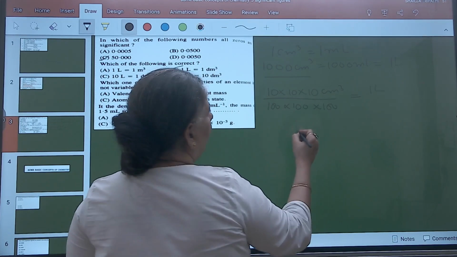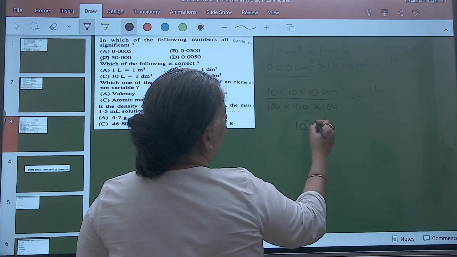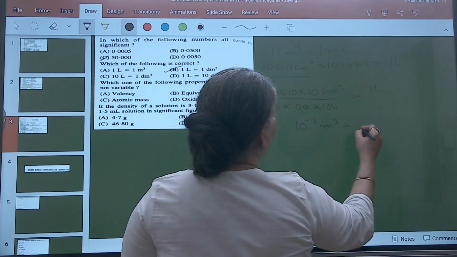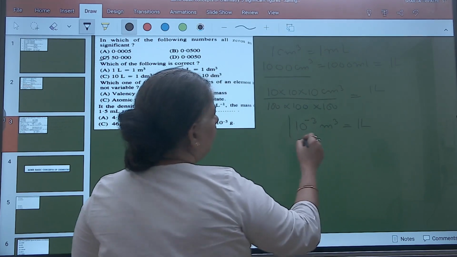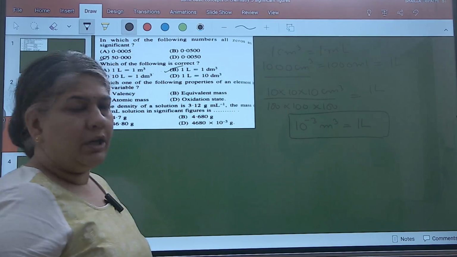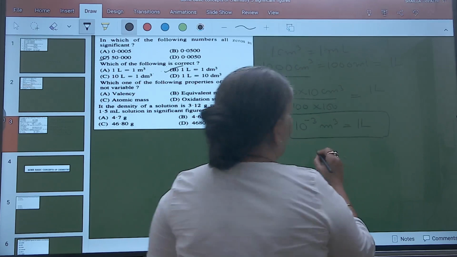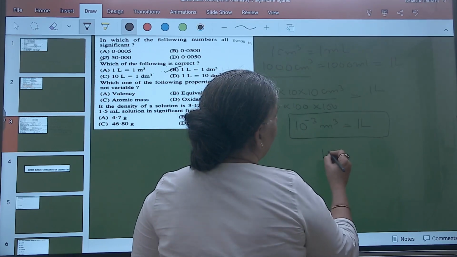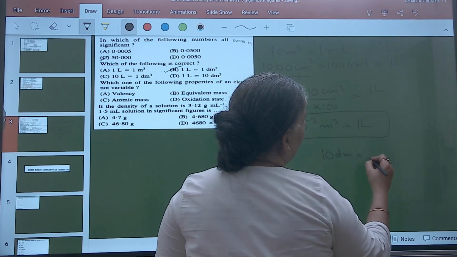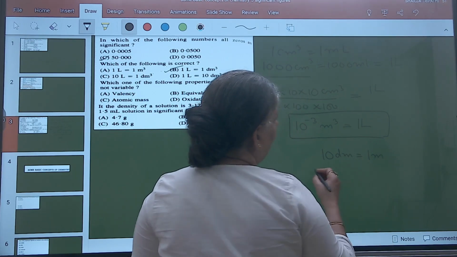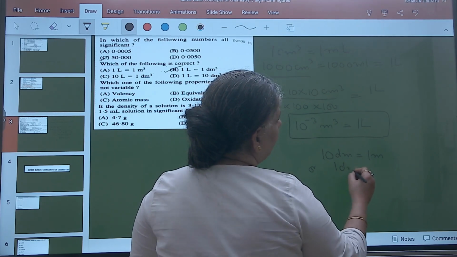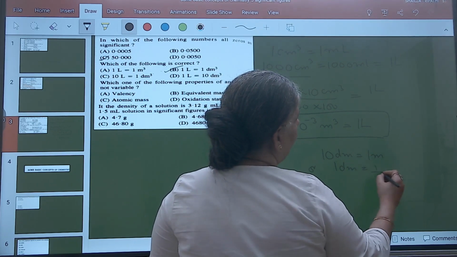So what you get, 10 raised to the power minus 3 meter cube is equal to 1 liter. Now we can convert this meter cube into liter. Use this information. 10 decimeter is equal to 1 meter, or what we can write, 1 decimeter is equal to 1 upon 10 meter.